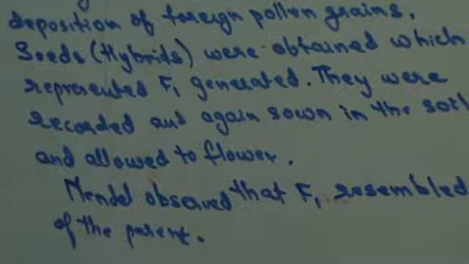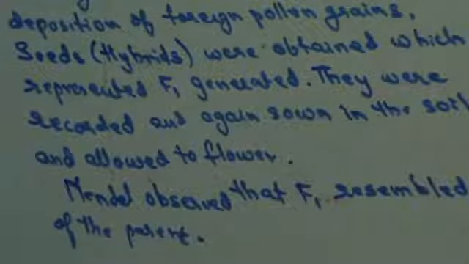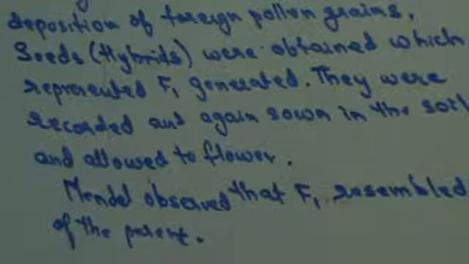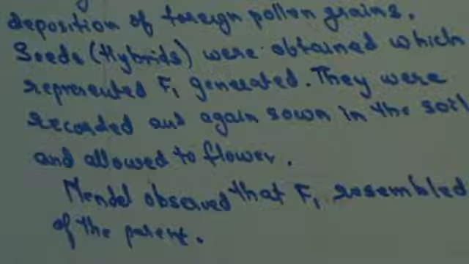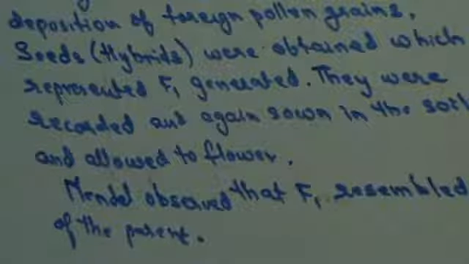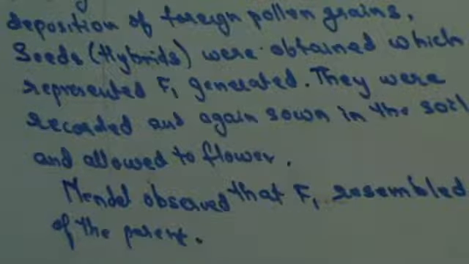Right? That was step 2. Step 1, get the pure parent. Then do a cross between pure parents. Take one plant to be the male plant, the other plant to be the female plant. The plant you want as a female plant, you cut the stamen even in the bud condition only. Cover the stigma so that no foreign pollen grains fall on it.